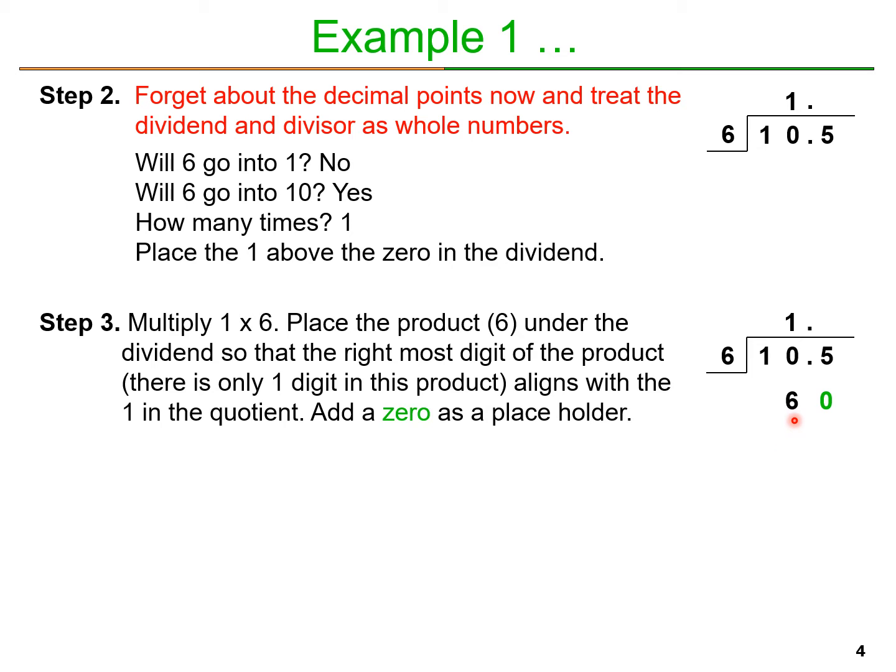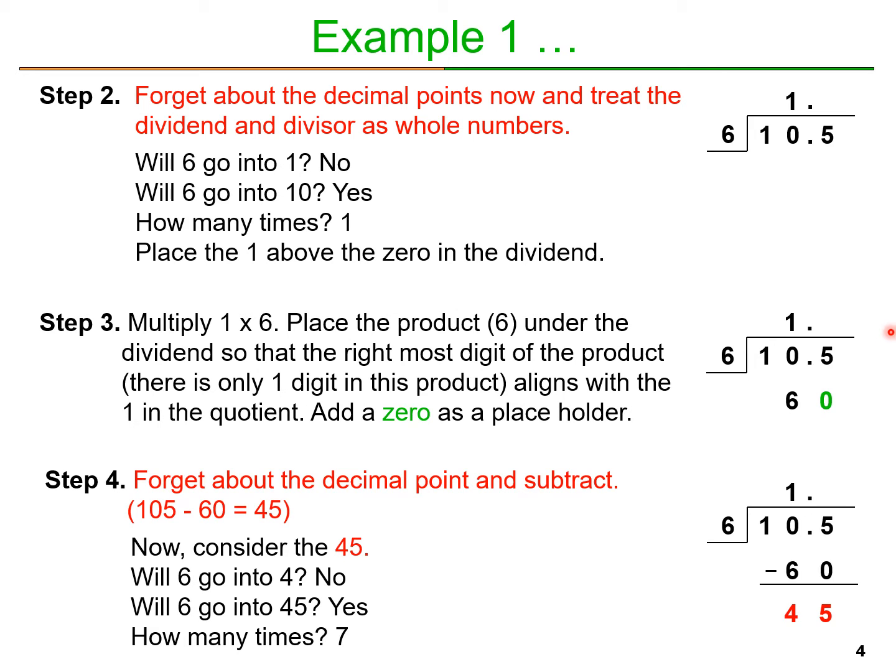The product is 6. We put the 6 in the column where the 1 is in the quotient. And here we add a 0 as a placeholder so that we can see that we're subtracting 60. We're going to subtract 60 from 105.